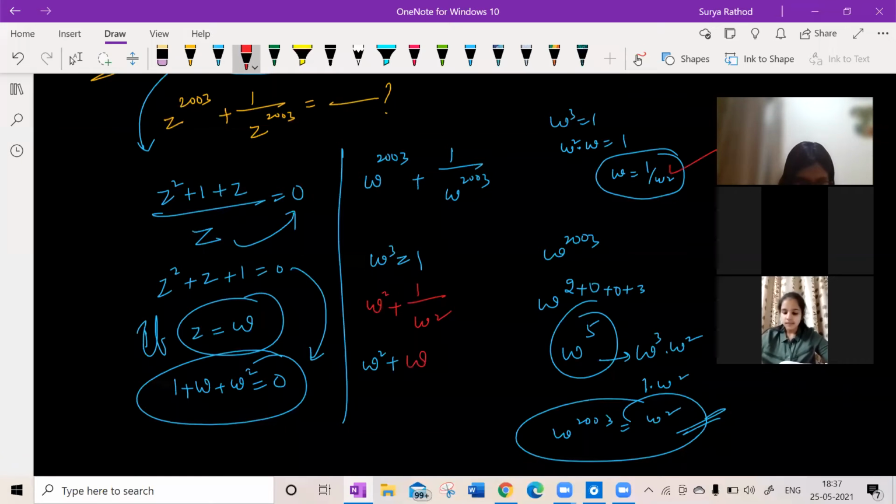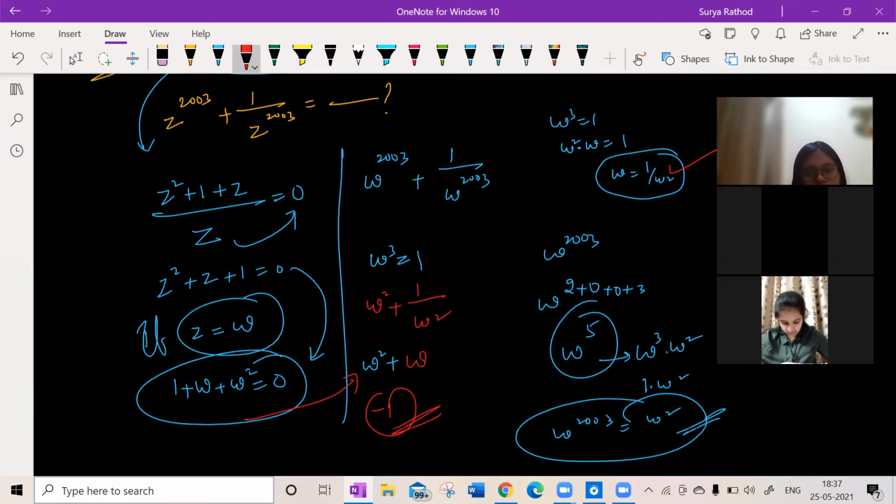So this can be written as omega. So omega plus omega square is what? It is -1, isn't it? Understood? Any doubt here, guys? Sir, I have a doubt.